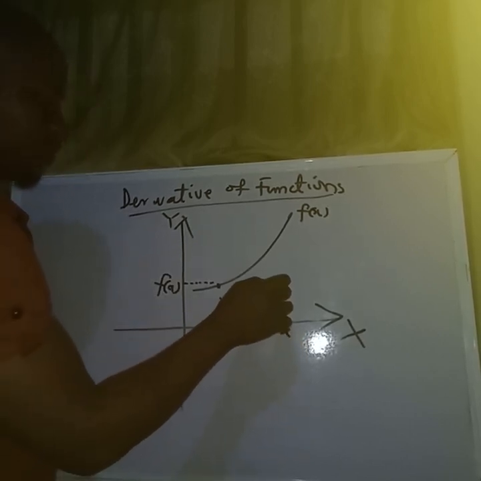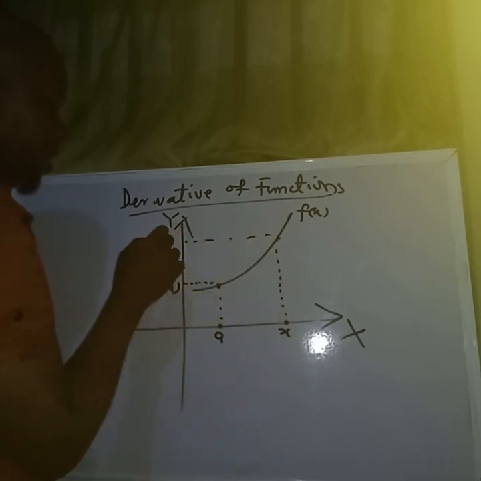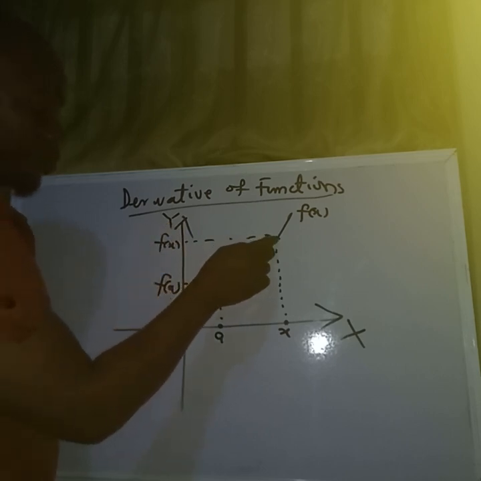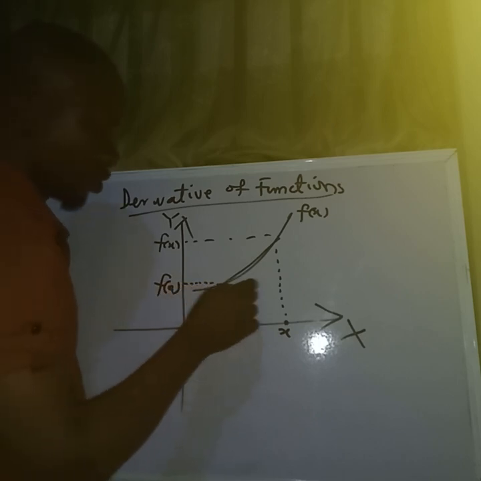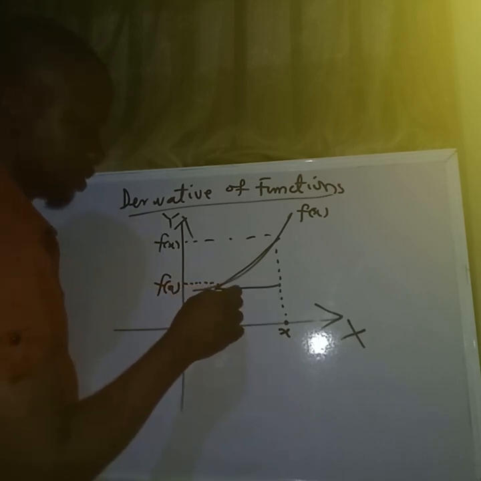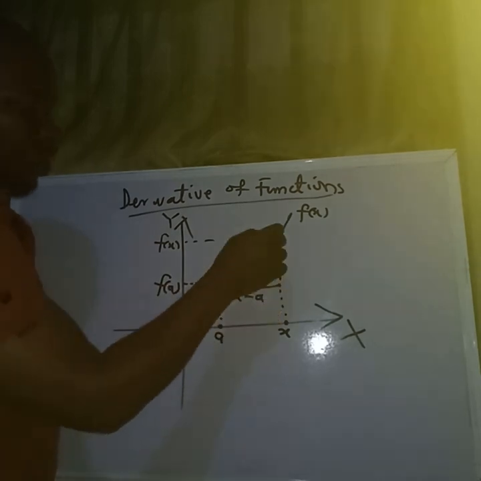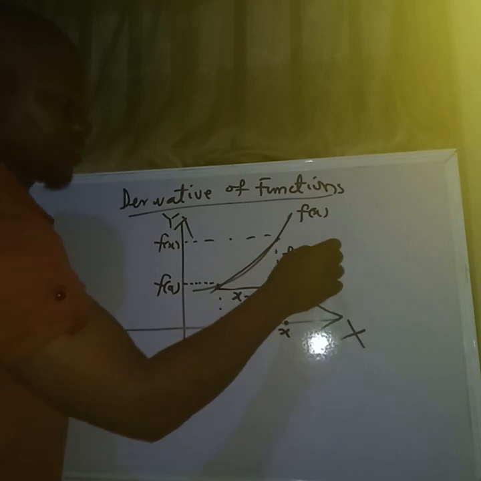Of course, the point is measured as f of x here. So if you have to find the slope from this point to this point, we are going to have what we refer to as a change in x here, and we also have a corresponding change on the vertical axis.